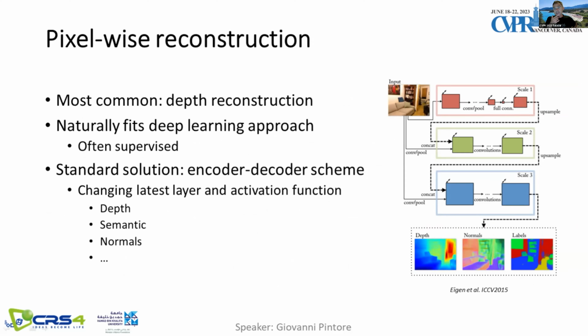Almost all methods follow an encoder-decoder scheme, which is valid for multiple targets. In fact, just changing the last layer size and the activation functions, we can also change the kind of output we have between, for example, depth, segmentation, or normal maps.